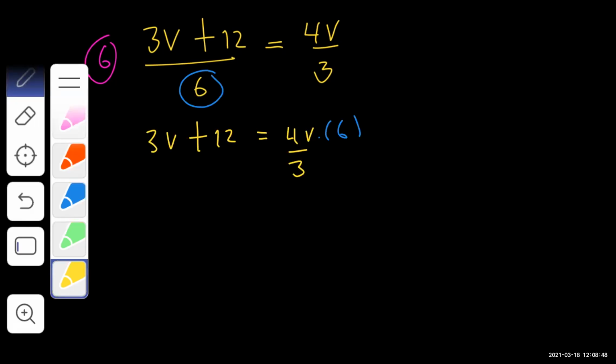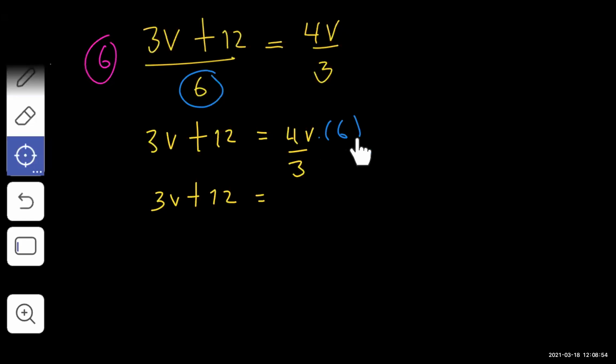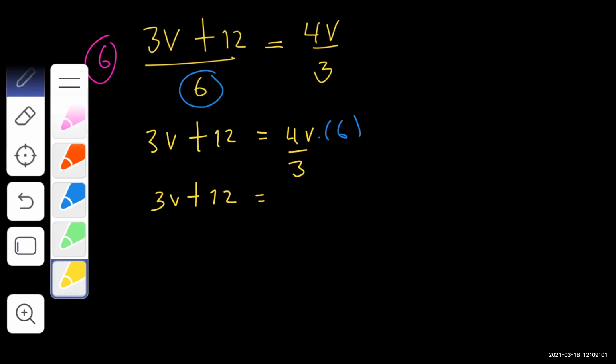Okay, let's simplify that. 3b plus 12 equals, okay, let's get rid of this parenthesis. This parenthesis means multiplication. It doesn't mean 4, 6b. No, multiplication: 4 times 6, guys. What is 4 times 6 equal to? 24. 24b, right? Okay, let's copy 24b over 3. Can we simplify, guys?